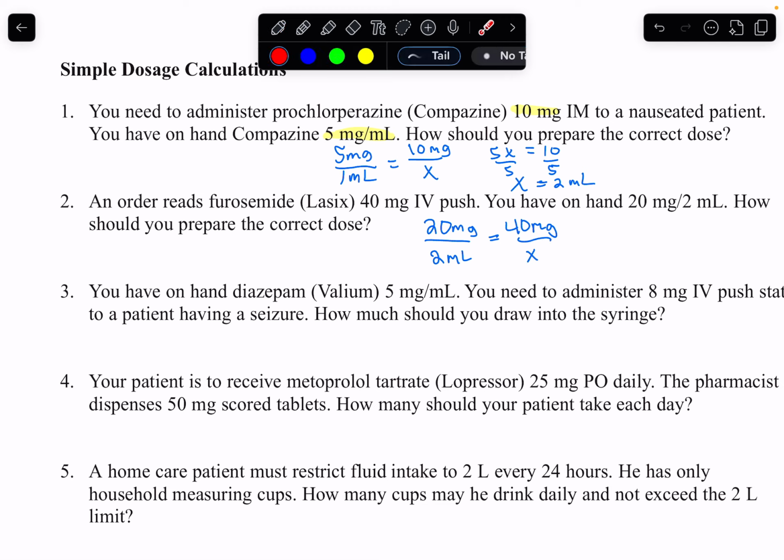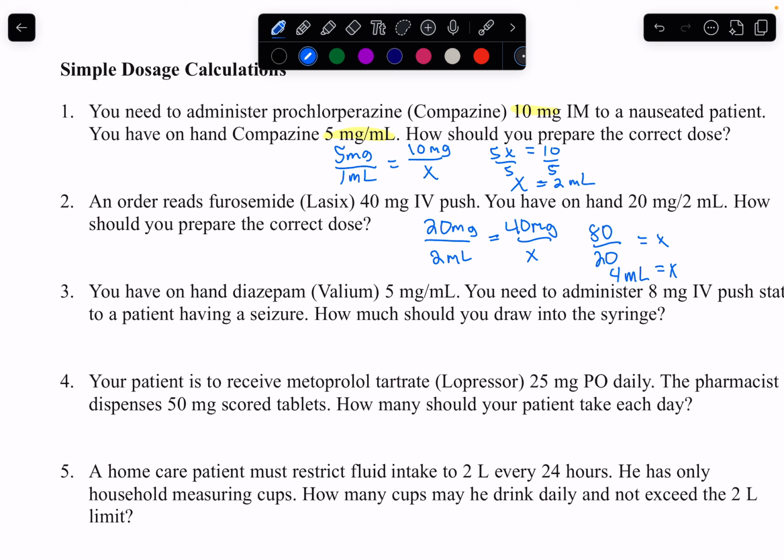And you can see the numbers across from each other are 2 and 40. So we're going to multiply 2 and 40 and then divide by the one we haven't used. So we're going to get 80 divided by 20 would be X. So that's 4 milliliters. So there's number 2.